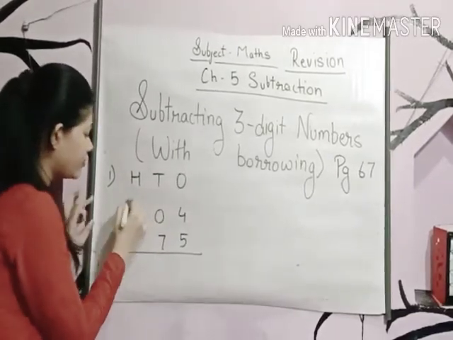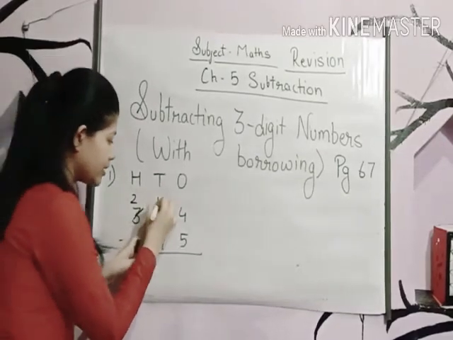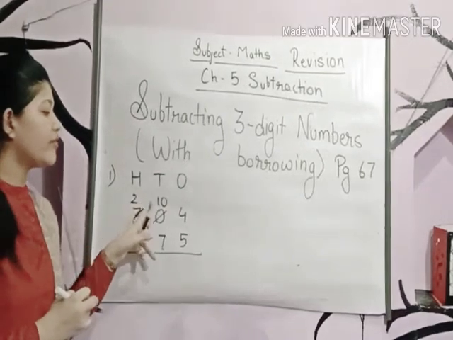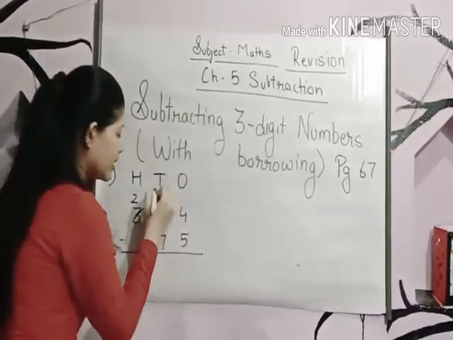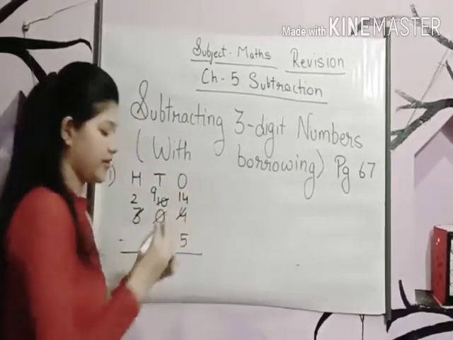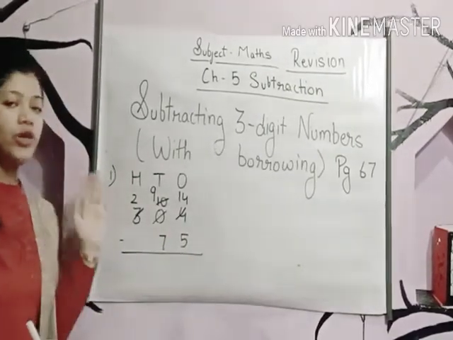So 3 will become 2 and this 0 will become 10. Now if we give 1 borrow to ones, then 10 will become 9 and this 4 will become 14. Clear? Solved.